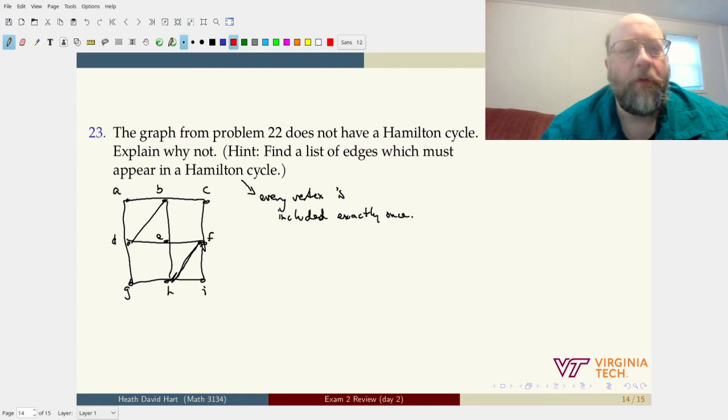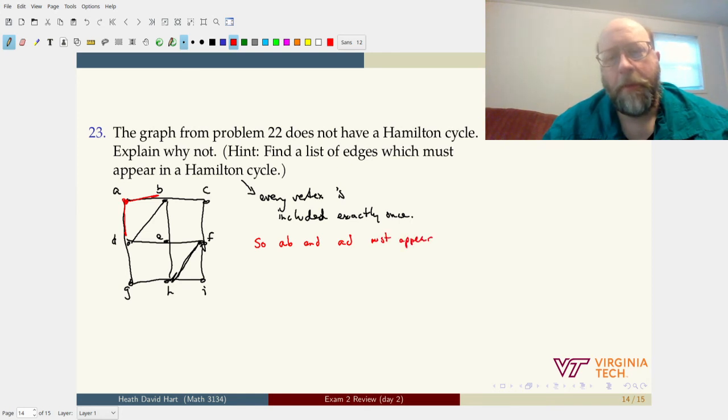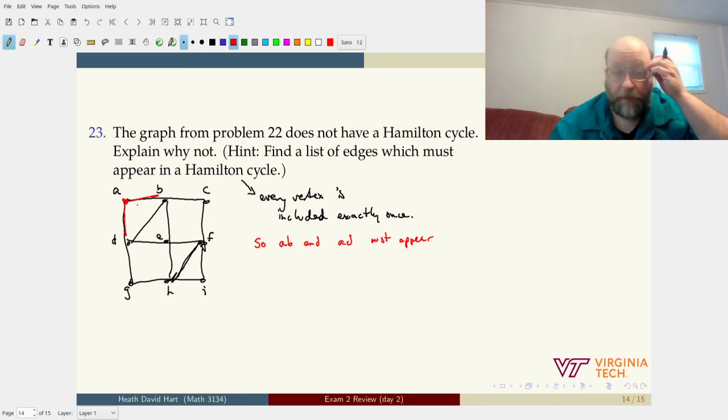So to incorporate A as part of the Hamilton cycle, the edges AB and AD must appear. And this is a hint: find a list of edges which must appear. That's the only way to get to A, is to get there from B to A to D or D to A to B, but we have to use these two edges.